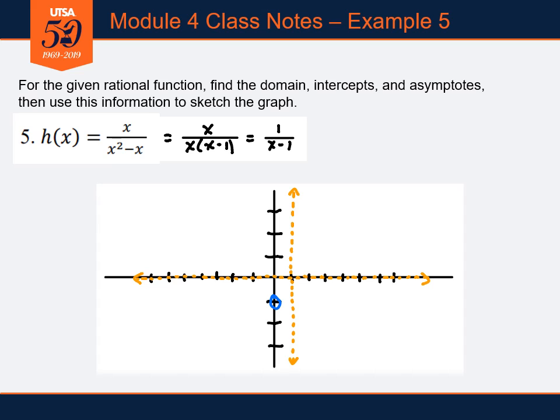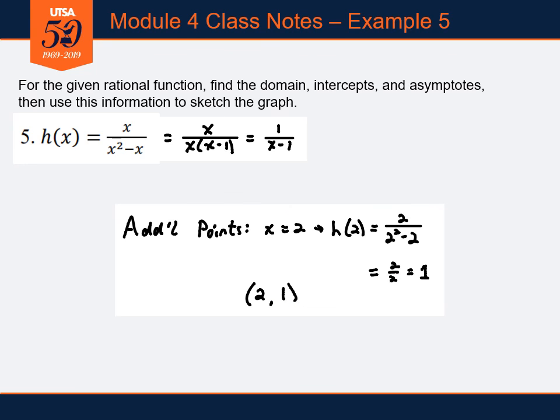Obviously, we haven't completed the graph, so we get at least one additional point to the right of that vertical asymptote. x equals 2: plugging in 2 for the x value, whether into the original function or the reduced function, we get the same y value. The point (2, 1) is our additional point on the graph.